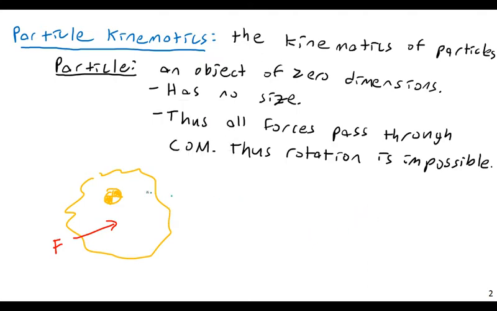It'll have a tendency to translate, which is referring to the motion of the center of mass, and it will also have a tendency to rotate, which means rotation about the center of mass.